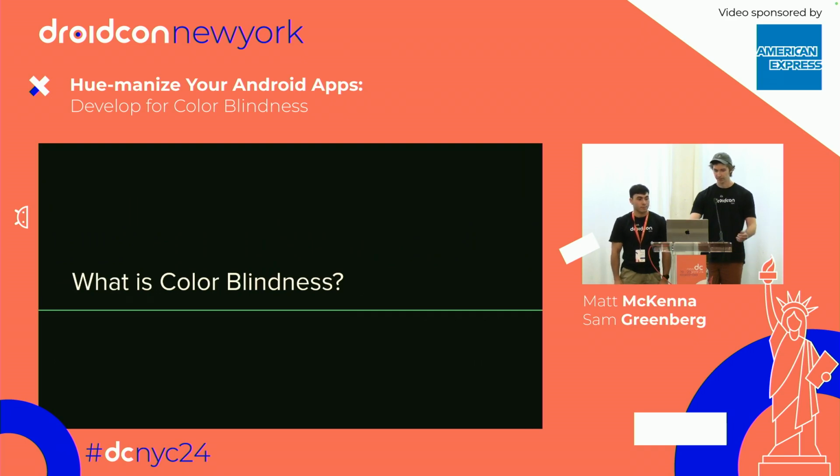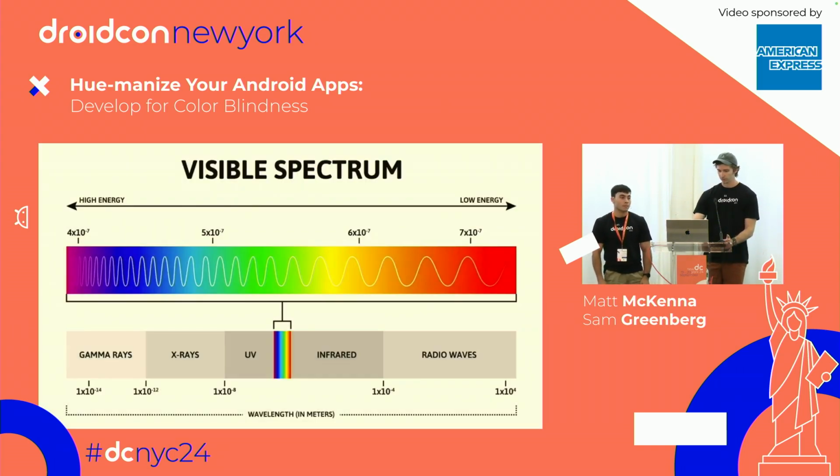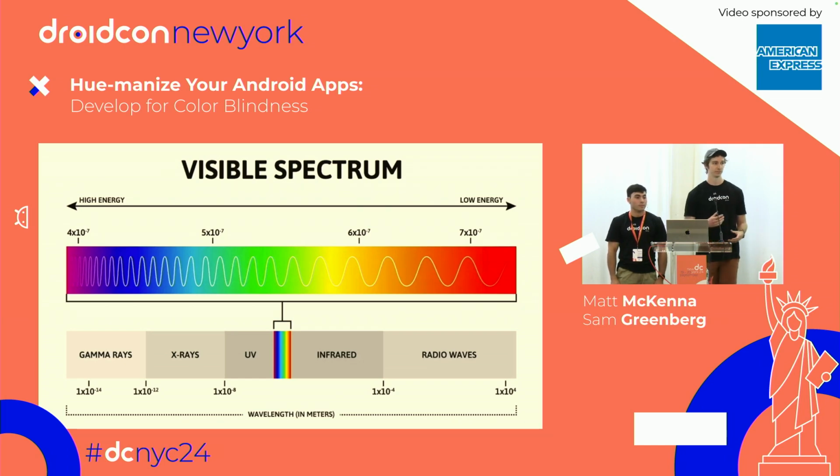So we'll dive right into what is color blindness, and to understand this, we really have to answer the question and provide a baseline of what is color. Color is essentially just how our brains interpret different wavelengths of light, and that is specific to each individual person.